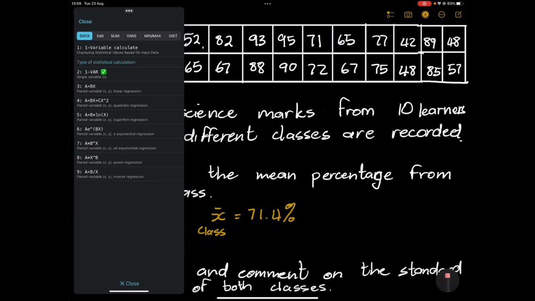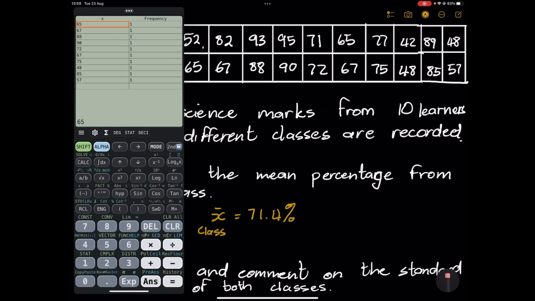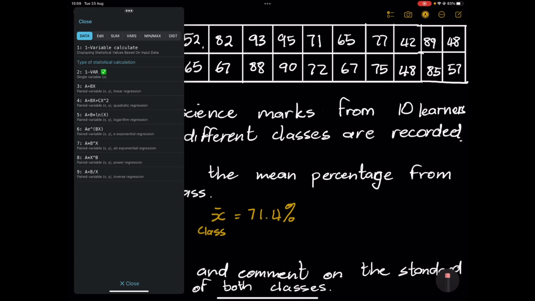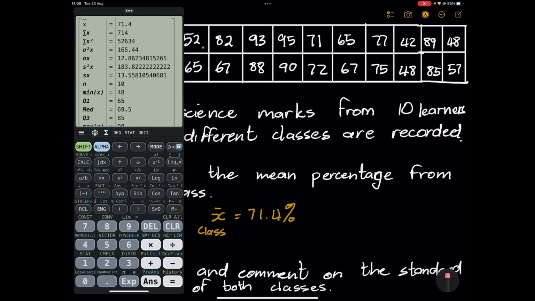So again, I go to my stat mode. Those are all my values. So for class B, it seems that my mean is also equal to 71.4. Please verify that on your calculator.